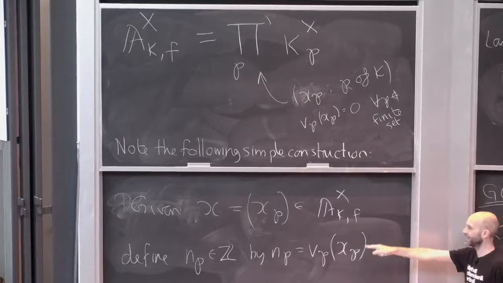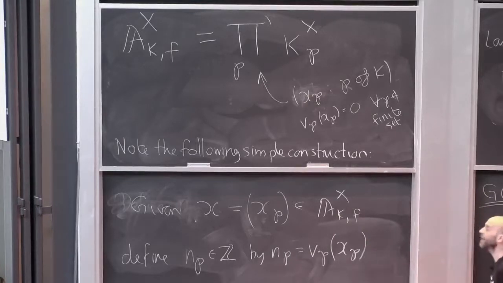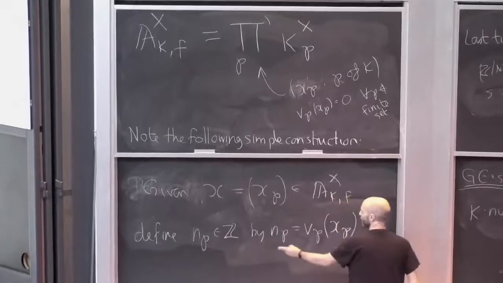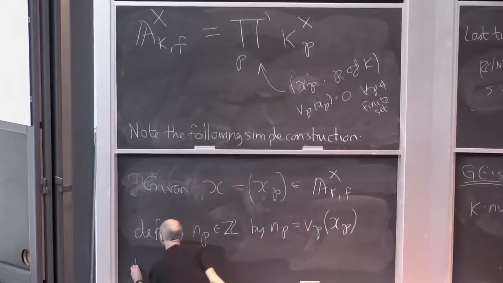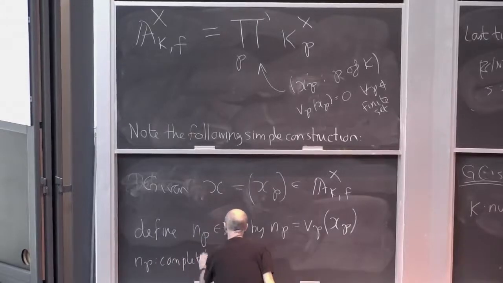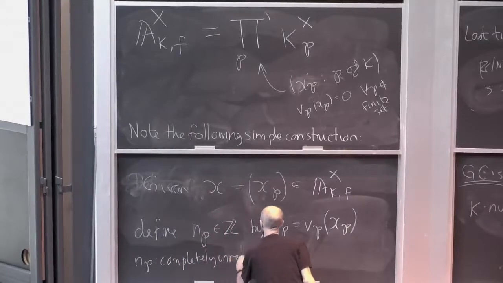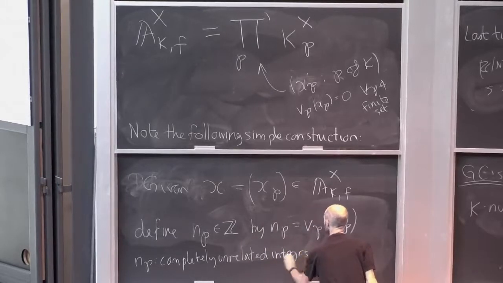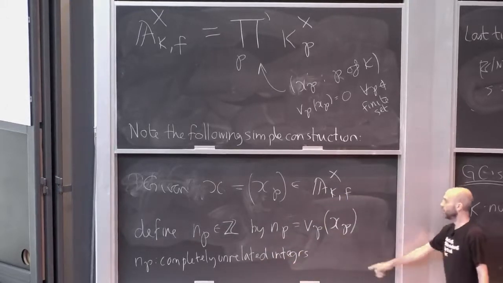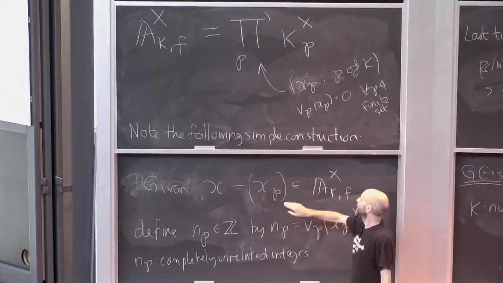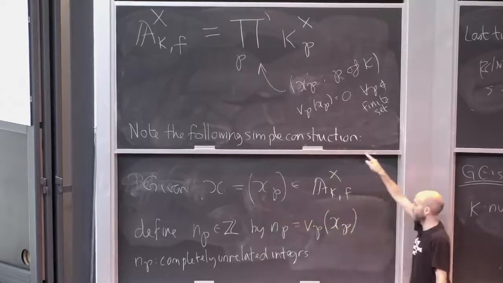So what do we know about these n_p? They're completely unrelated integers, where p is running through the finite places of K. And all I have to do is satisfy one criterion, which is that for this to be an idele, this has to be a unit for all but finitely many p.